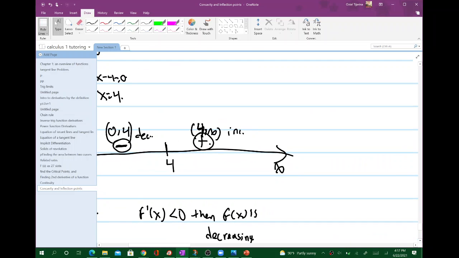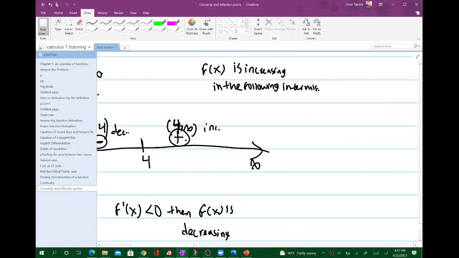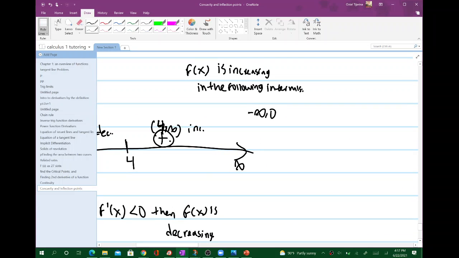So that means that f of x is increasing in the following intervals: negative infinity to 0, union of 4 to infinity.